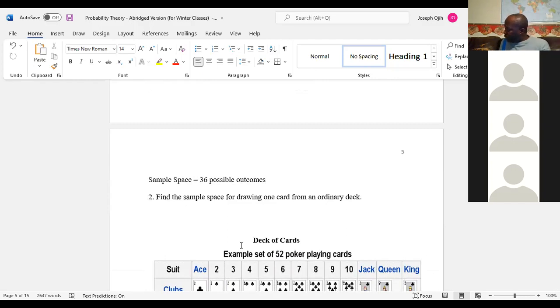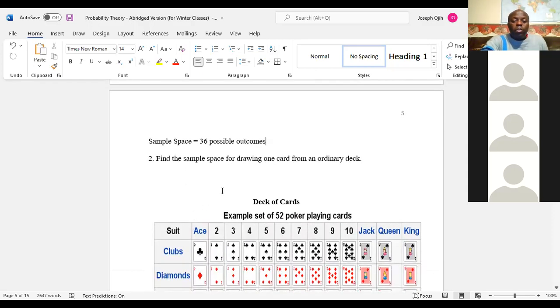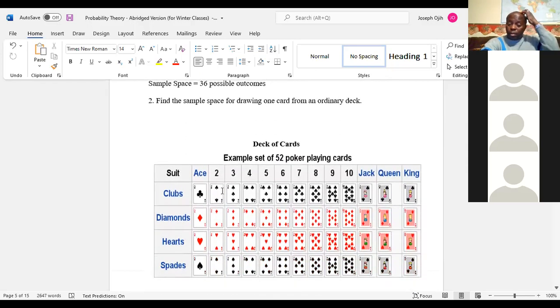Okay. Let's see. Find a sample space for drawing 1 card from an ordinary deck. So you can see the deck of cards.